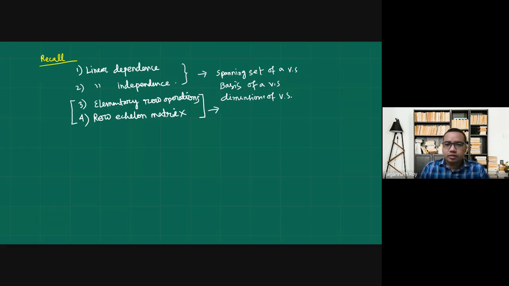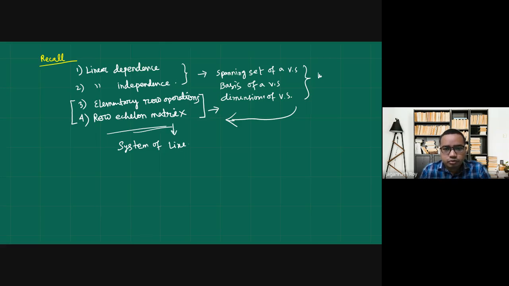After discussing these things, we will come back again, because the ideas of these things will be applied to row reduced echelon matrices, to study the system of linear equations. From here, we will go to equations.